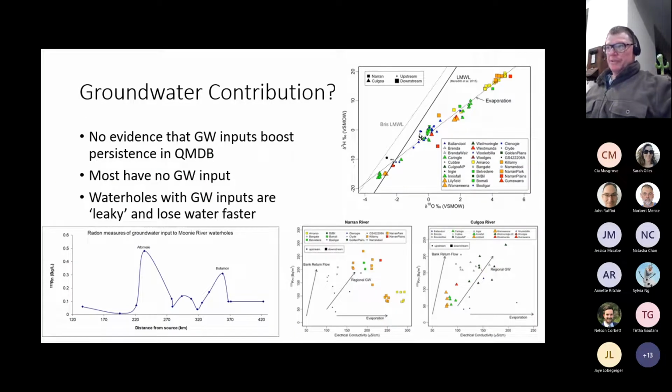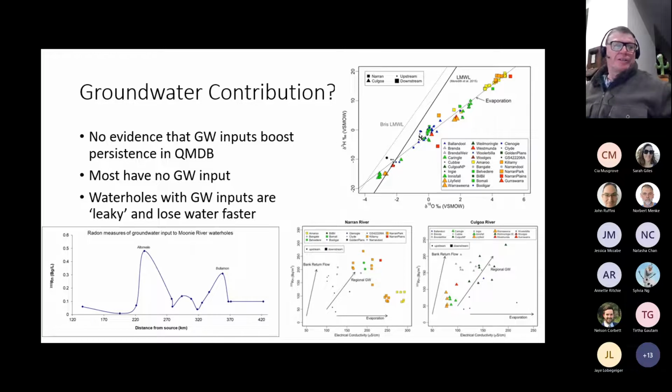Now, you may wonder how important groundwater is, because if there's groundwater connectivity to a waterhole, it may sustain it longer than if there isn't. So this was a question we have had all along. We did some work with CSIRO back in the early 2000s, looking at this for the first time.